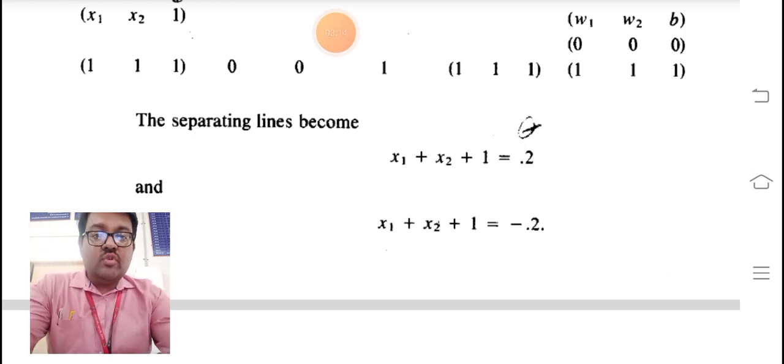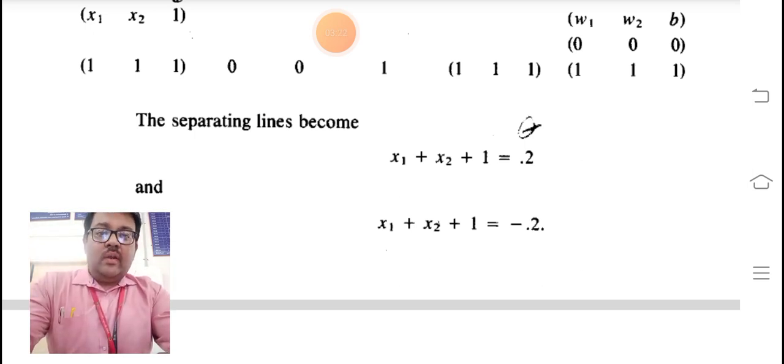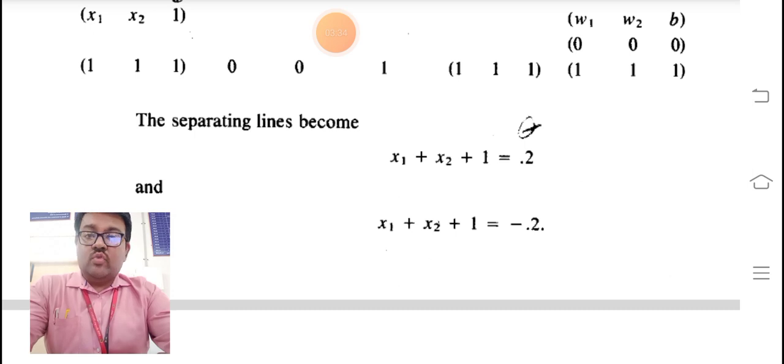Now the question comes, how to draw a line from the equation? Before you draw the line, you need to form the graph. Out of x1 and x2, which is going to be the x-axis and which the y-axis? x1 is the x-axis and x2 is the y-axis, because x1 is the independent variable and x2 is the dependent variable.